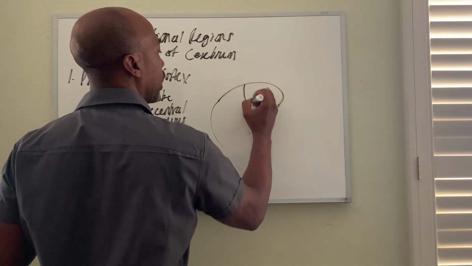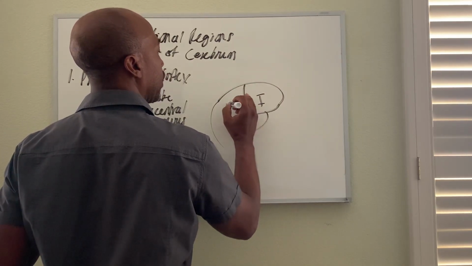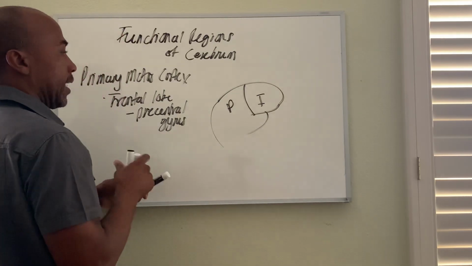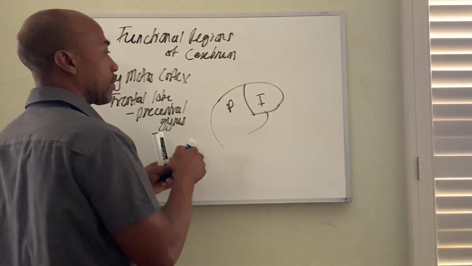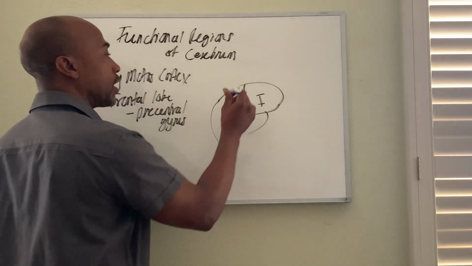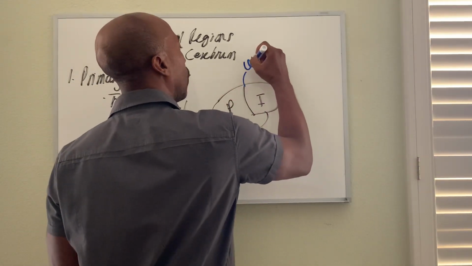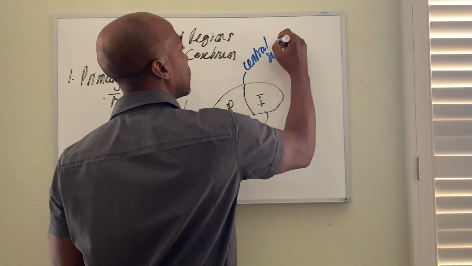So again, if I could draw the brain this way, here is the frontal lobe, and here's the parietal lobe. The division between them, that divides frontal from parietal, is called your central sulcus.